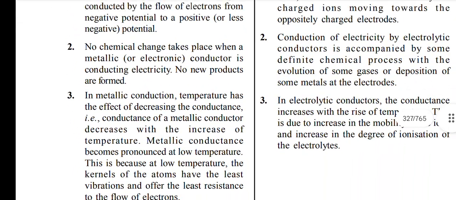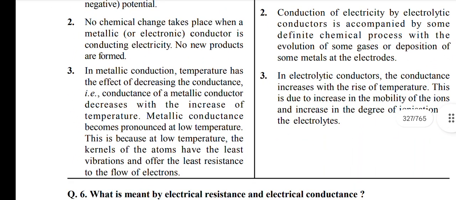Metallic conductor: temperature has the effect of decreasing the conductance. For example, conductance of a metallic conductor decreases with the increase of temperature. Metallic conduction becomes pronounced at low temperature. This is because at low temperature the kernels of the atoms have the least vibration and offer the least resistance to the flow of electrons.